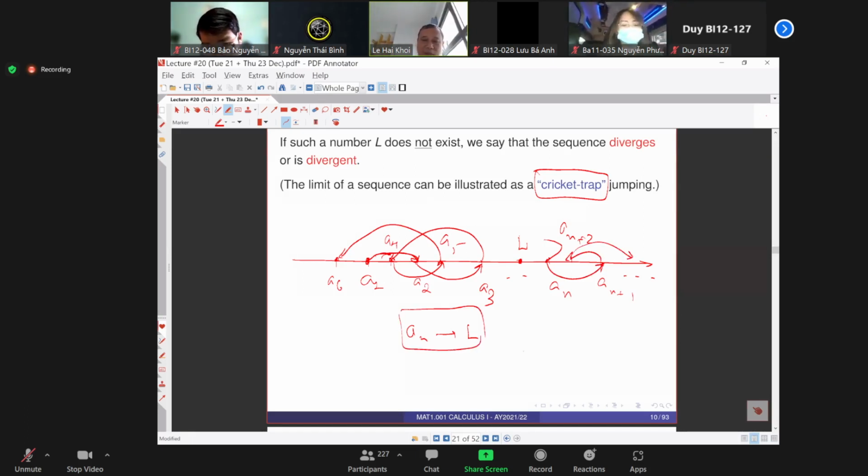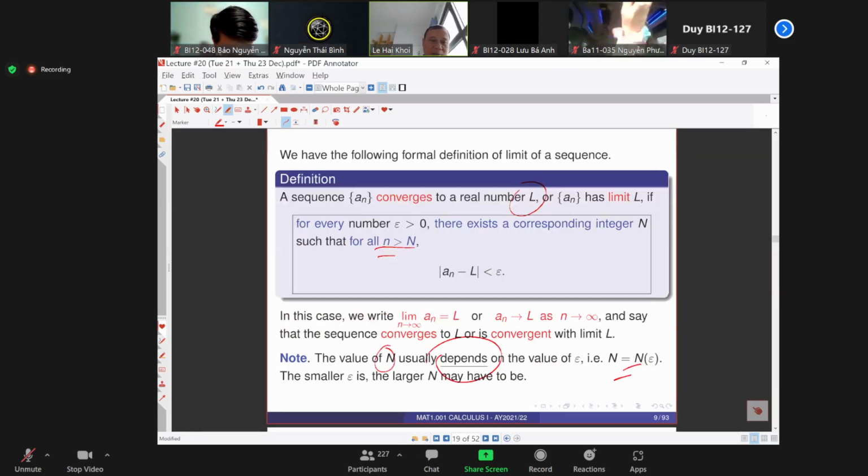Look at that. For any epsilon positive, there exists big N depending on epsilon such that for all n bigger than big N, you have modulus of an minus L less than epsilon.